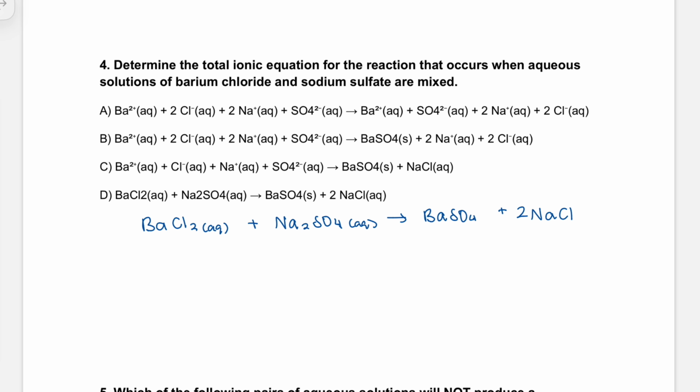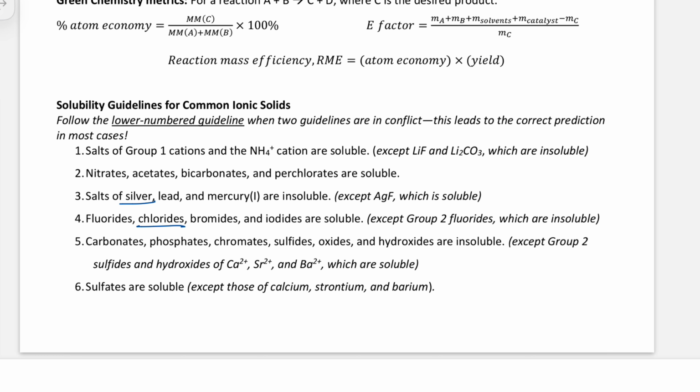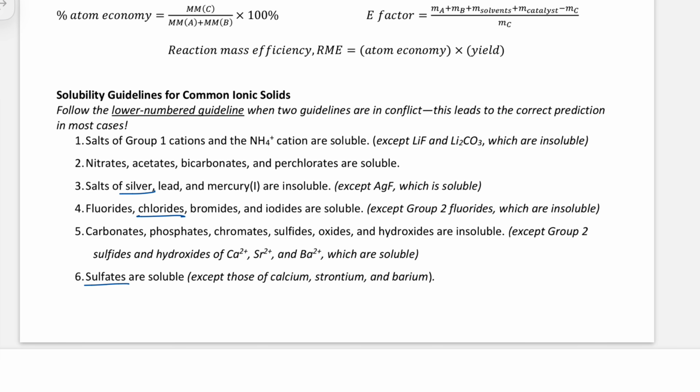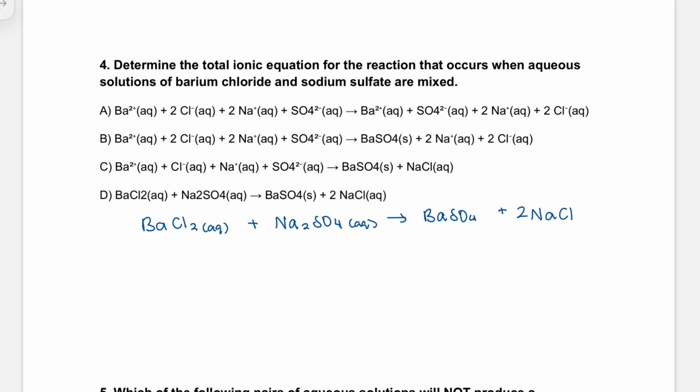So let's look at barium sulfate. Barium sulfate is not soluble because if you look at rule 6, it says sulfates are soluble except those of calcium, strontium, and barium. So barium sulfate is insoluble. So I'm going to put S because it makes a solid.